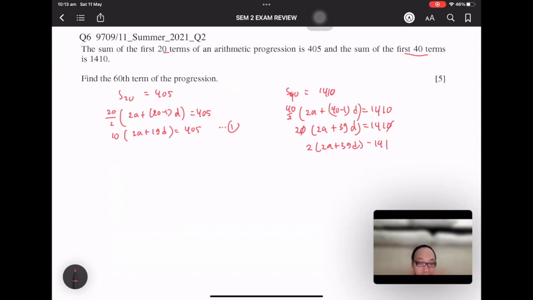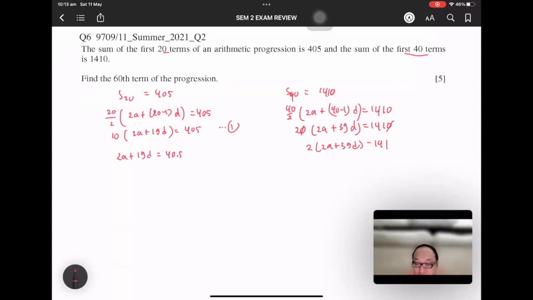How do we do this? Okay, just divide. Divide the first by 10: 2a+19d equals 40.5.